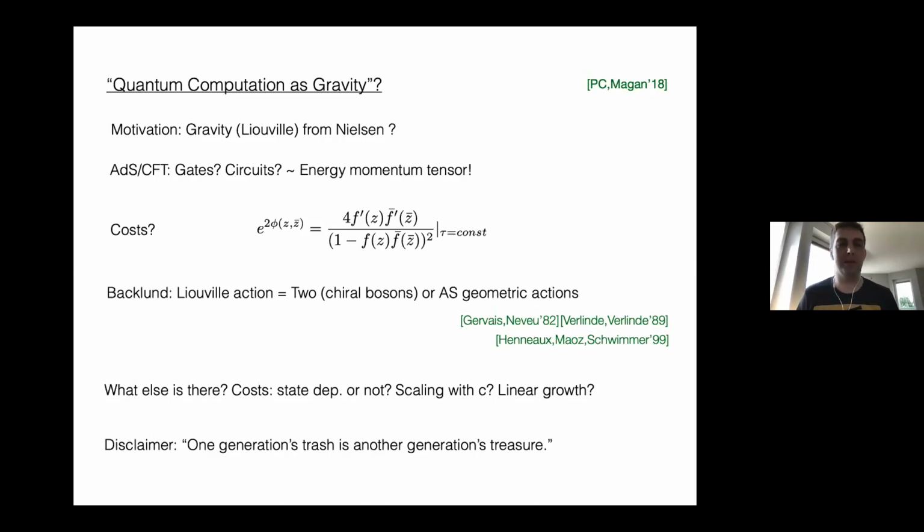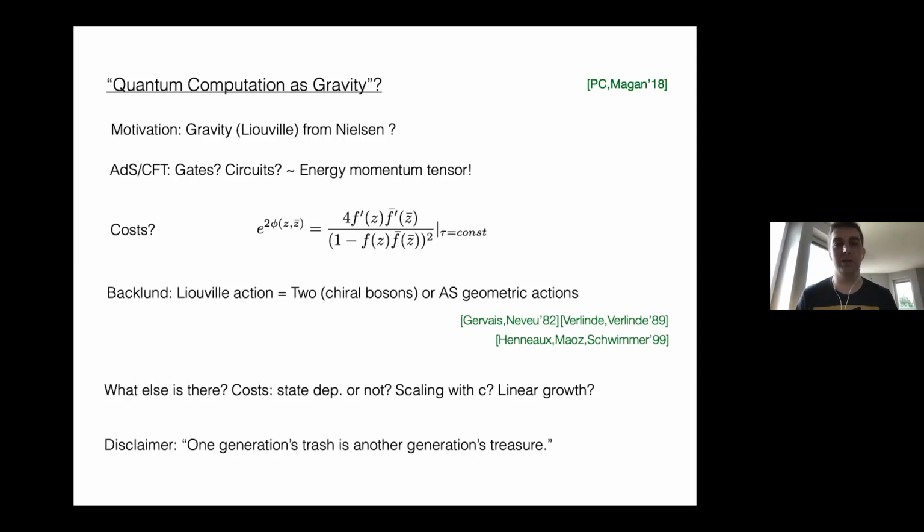And maybe our general motivation was, can you get gravity from the Nielsen approach? And in particular, of course, in 2 dimensions, that would be Liouville. But in general, how could we think about the Nielsen approach? How could we aim, also in this perspective of AdS/CFT, at deriving some gravity from complexity? And of course, from what I told you about AdS/CFT, and at least about the energy momentum tensor, when you think about gates or circuits, the energy tensor is a natural operator.